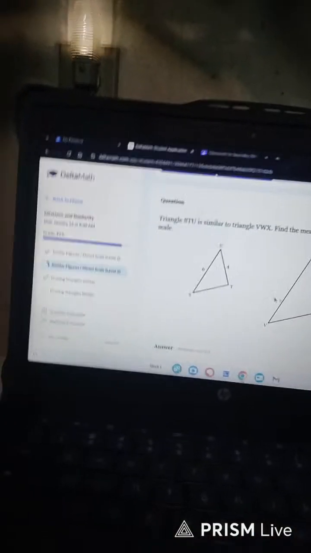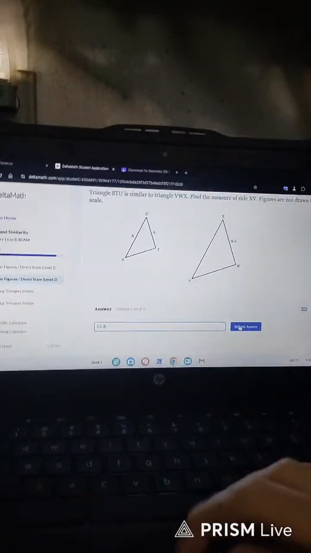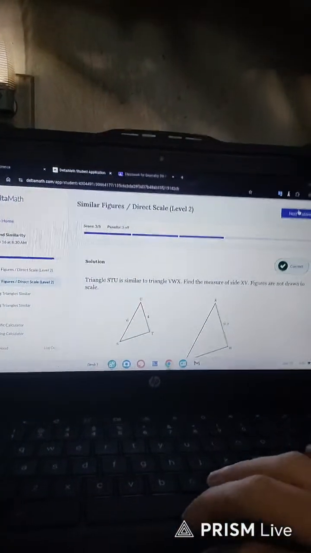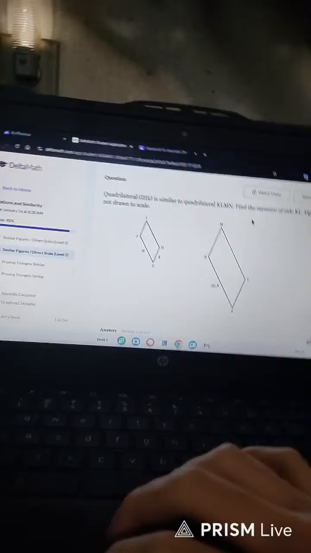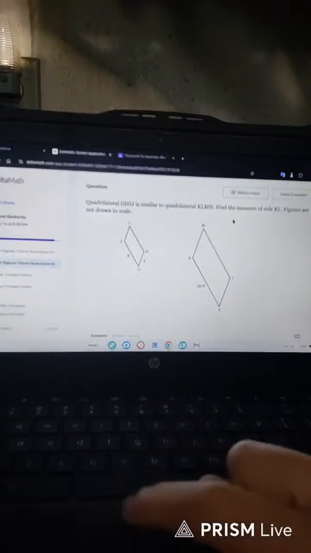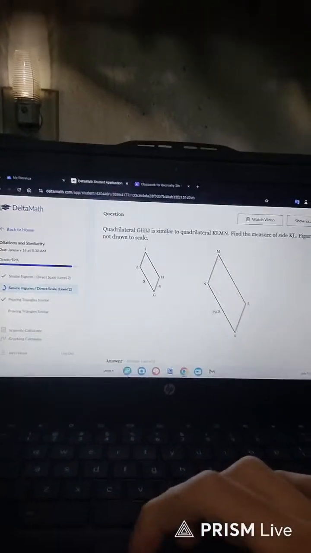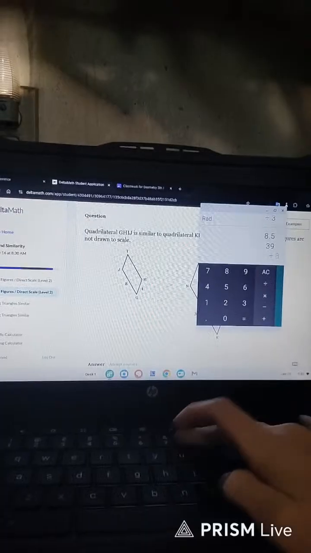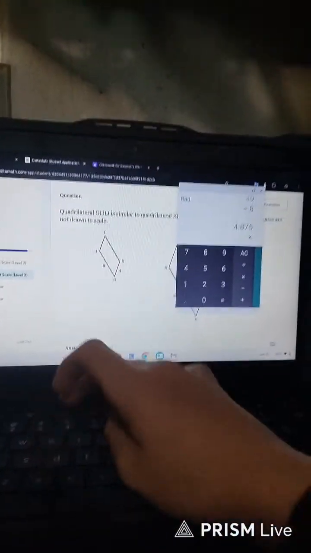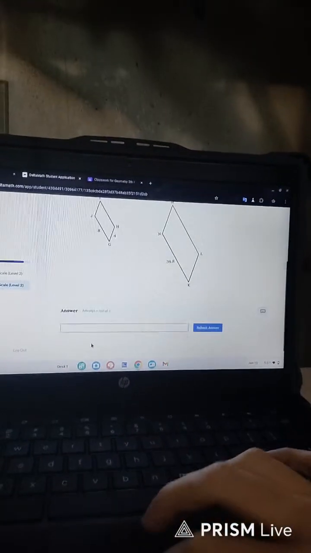Right? Yeah, 2.3. So 6 times 2.3 equals 13.8. Alright, and that's just 39.8 divided by 8, because I have no clue what that would be. It's 4 times 4, 19.5.